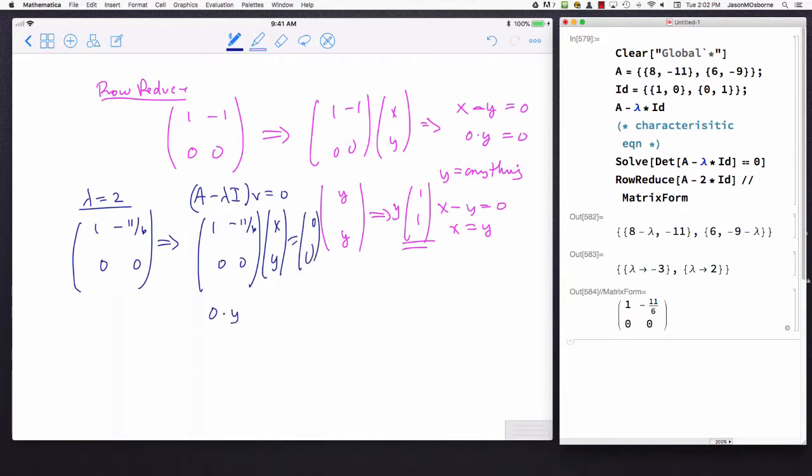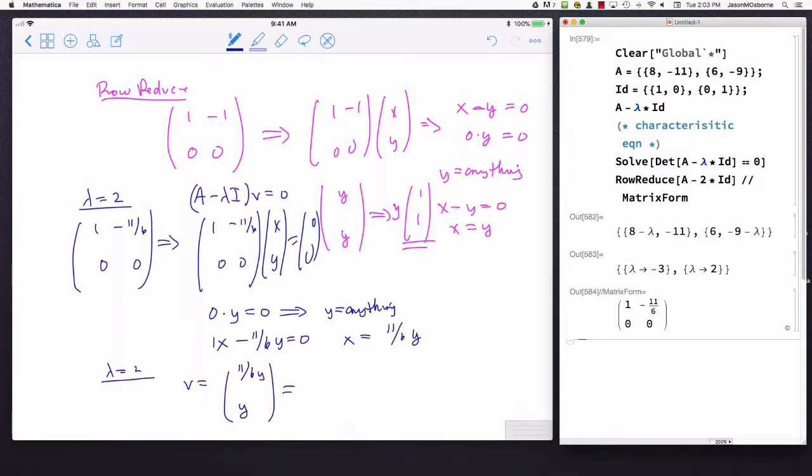This tells you that 0 times y is 0, and 1 times x minus 11/6 y has to equal 0, which tells you that y can be anything, and x has to be 11/6 of that anything. So for the eigenvalue lambda 2, its associated eigenvector has y anything and x equal to 11/6 times y, which if you factor out the y, you get 11/6 with a 1.